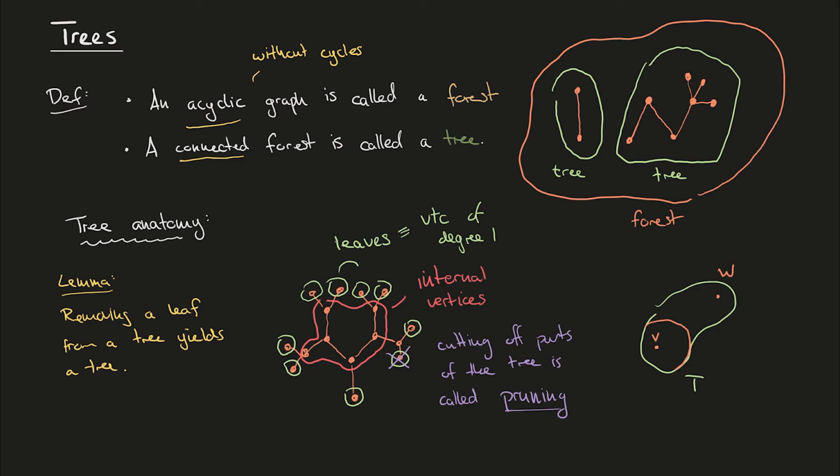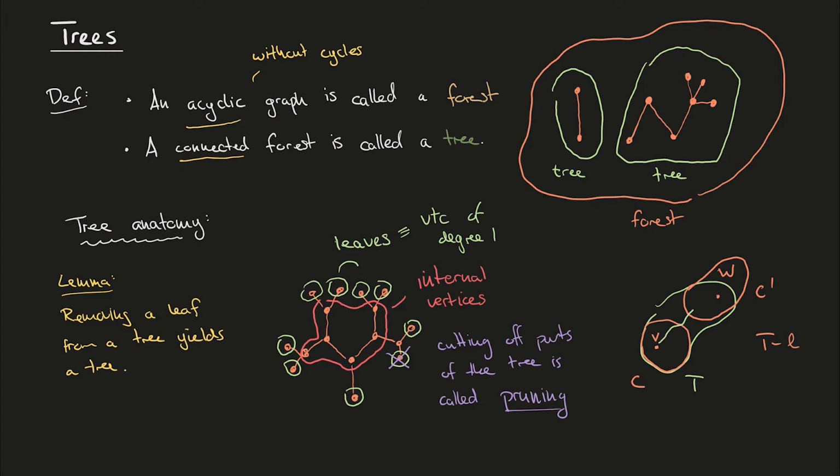So maybe I'll draw these two connected components that are now part of, say, a component C prime and a component C, and these are part of the graph T minus some leaf L. Now we know that the original graph T is a tree, so it's connected. There has to be a path between the vertices V and W, just by the definition of being connected.